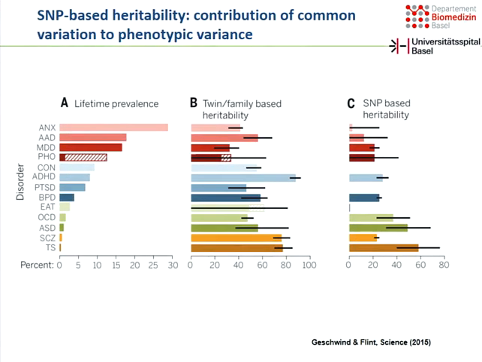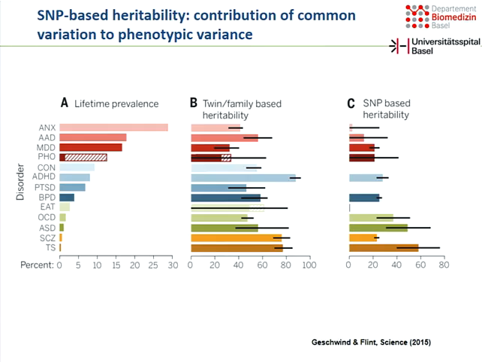Now, another term is SNP-based heritability. Of course, I showed you in the beginning, and here's the reference, Geschwind and Flint in Science 2015, a really great paper I can recommend.